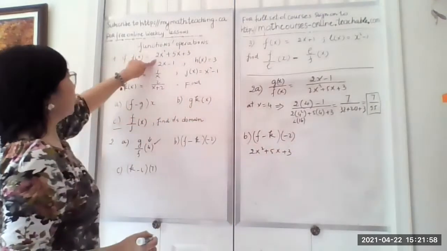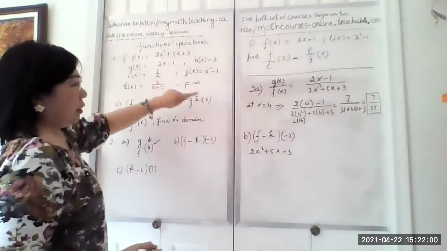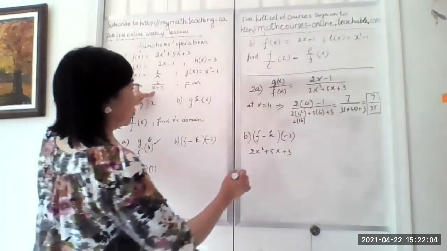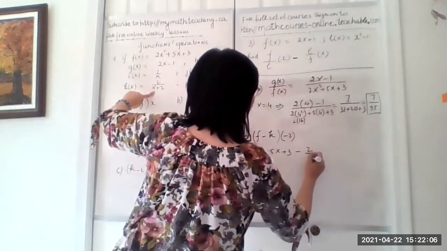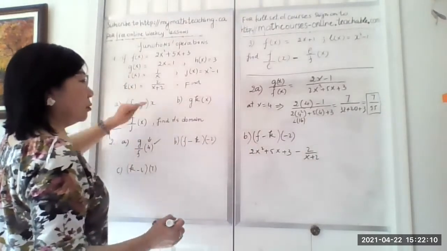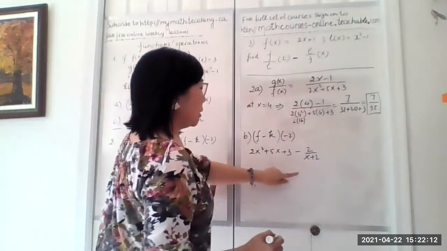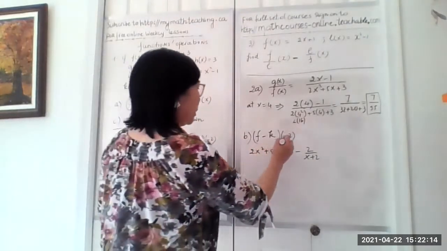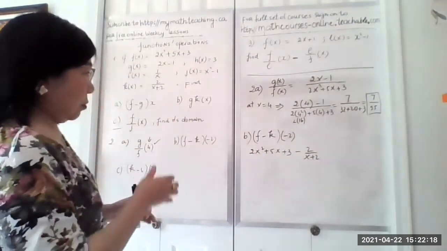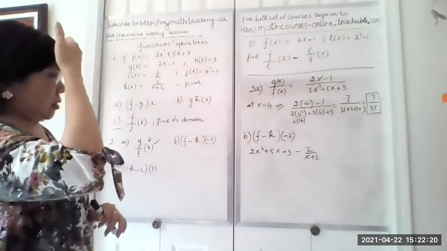That's our f(x) function. Minus k, our k(x) is 2 over x plus 2. And after we do this operation, we want to evaluate at minus 2. So let's see how we can do this.